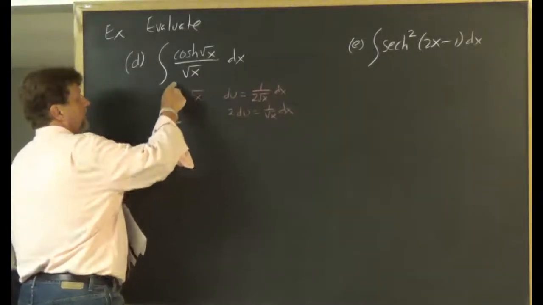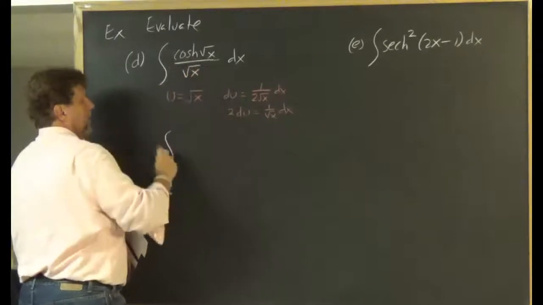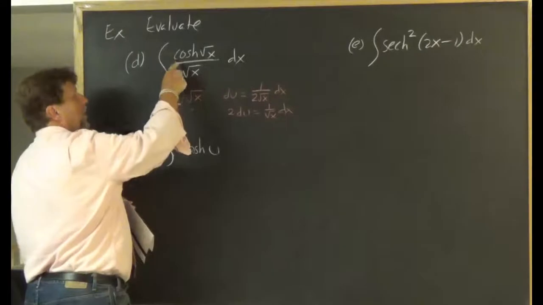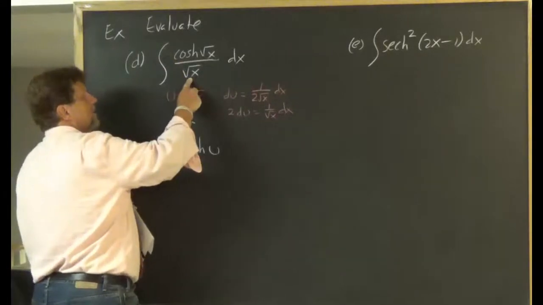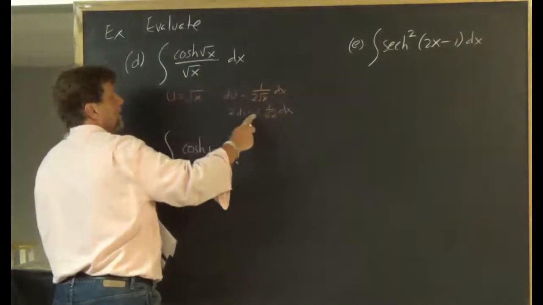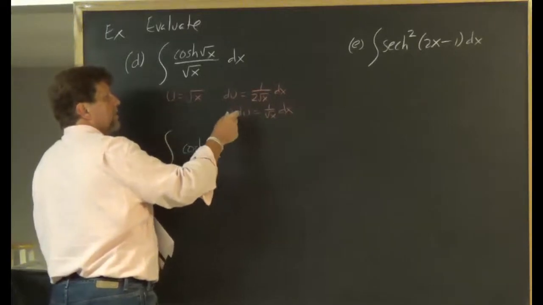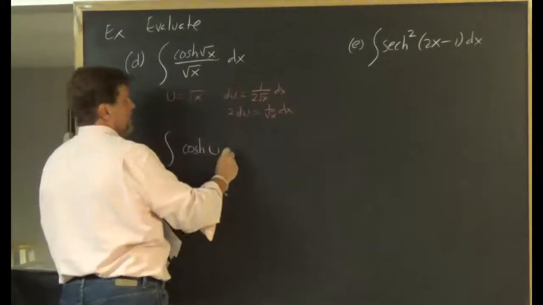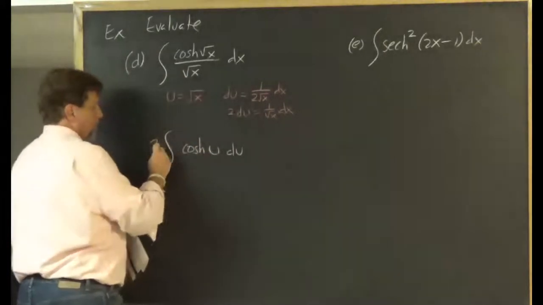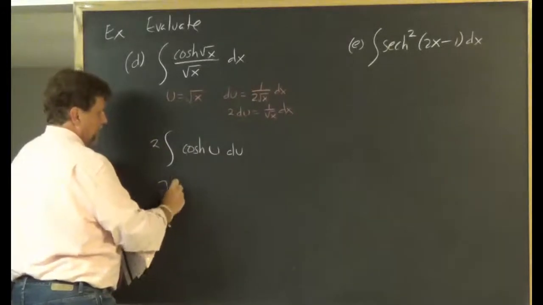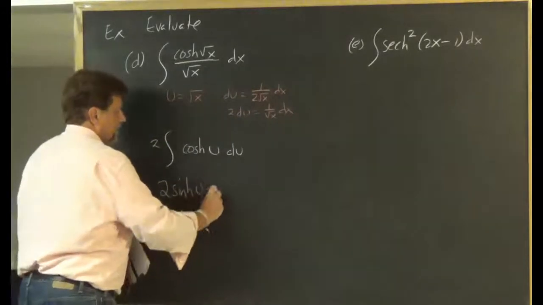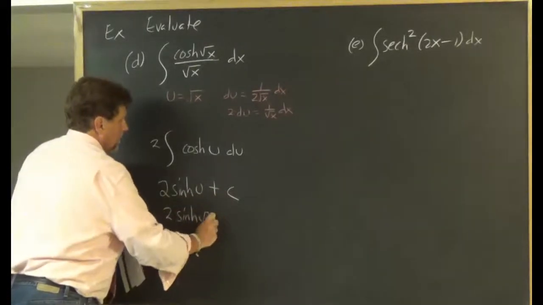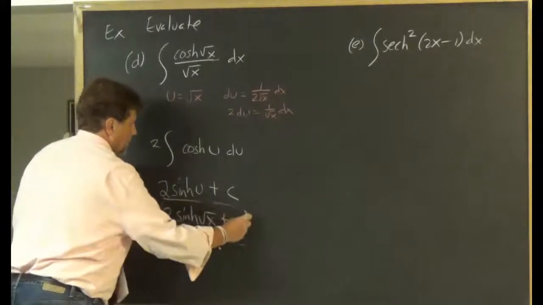Because I'm turning this into hyperbolic cosine of u, and then this 1 over square root x dx is 2 du. So I'm substituting 2 du in for 1 over square root x dx. Put the 2 out front. Antiderivative of hyperbolic cosine is hyperbolic sine. Resubstitute. And that's it.